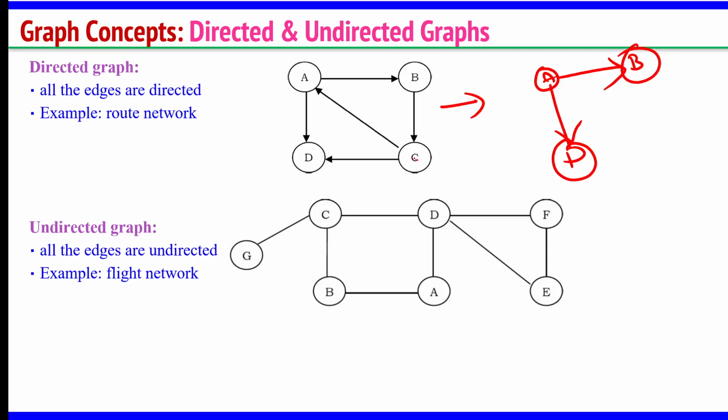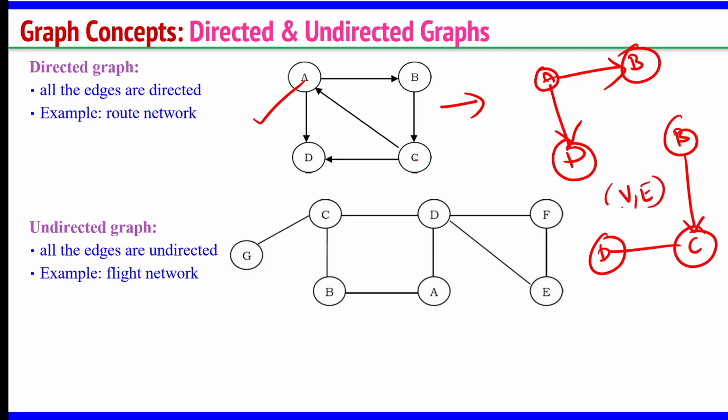Removal of a vertex, this is one subgraph of this graph. Another subgraph will be B to C to D, this is another subgraph. Like this we can have n number of subgraphs in a given graph. So the vertex set and edge set are a subset of this original graph G.